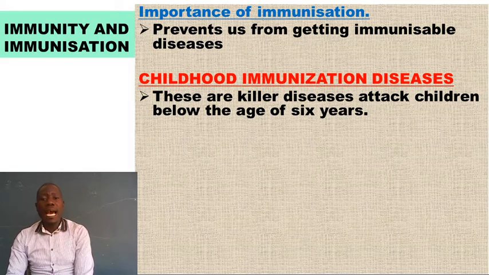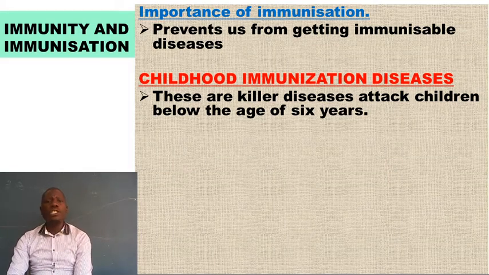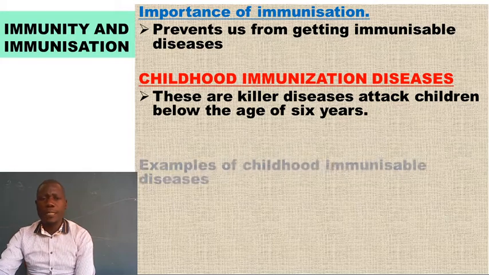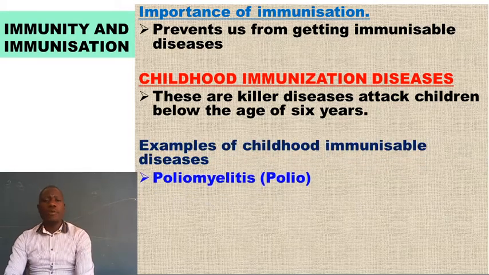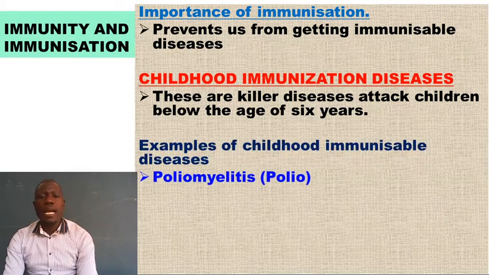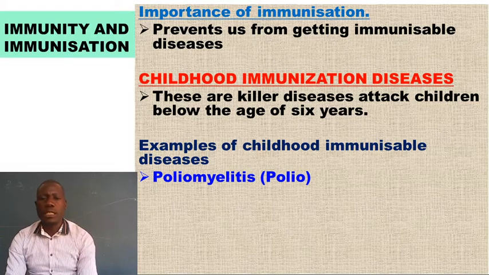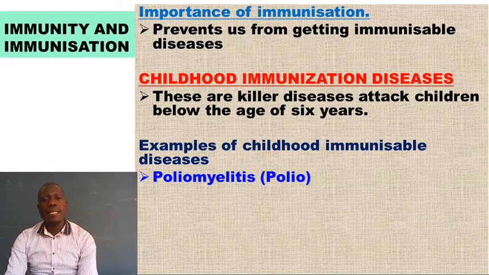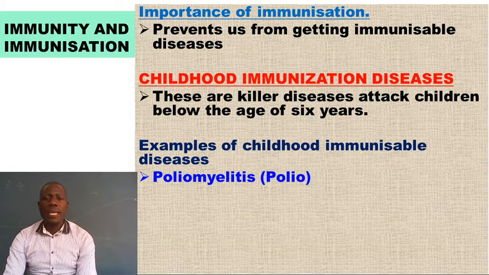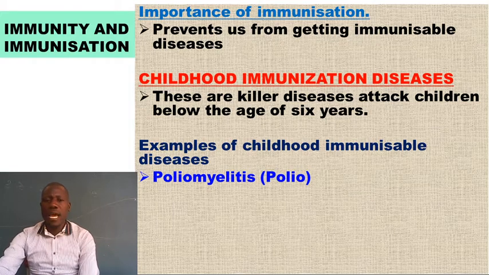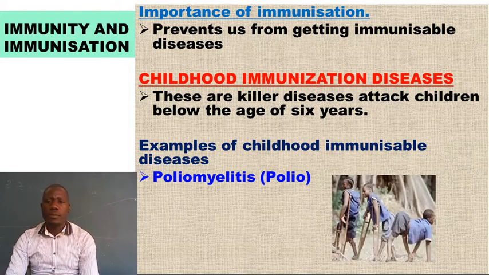We have around 8 examples of these childhood immunizable diseases. Now, we have the first one as poliomyelitis, which we can term as polio in short. So the poliomyelitis, which we call polio, is a disease that attacks the limbs. What does it mean? Both legs and hands. I want you to look at this picture. Look at these children.